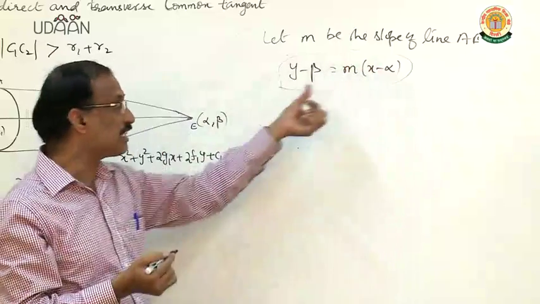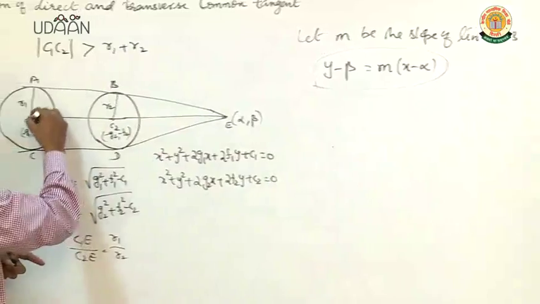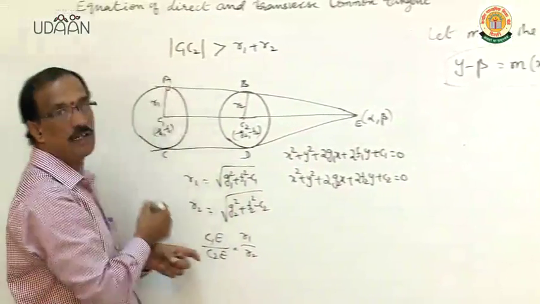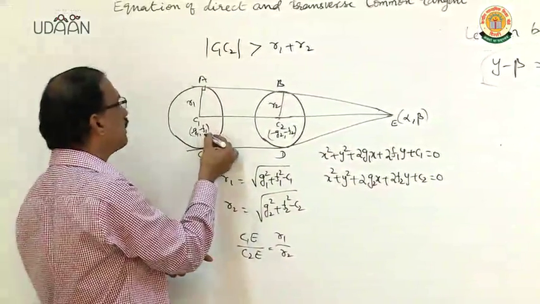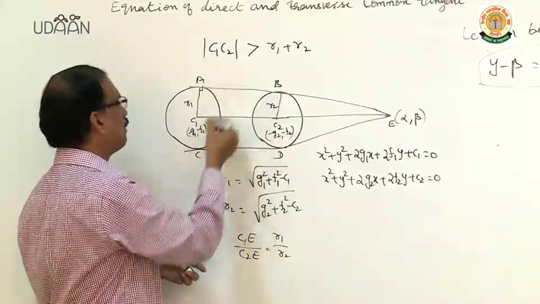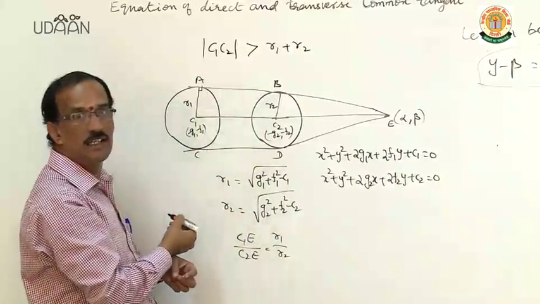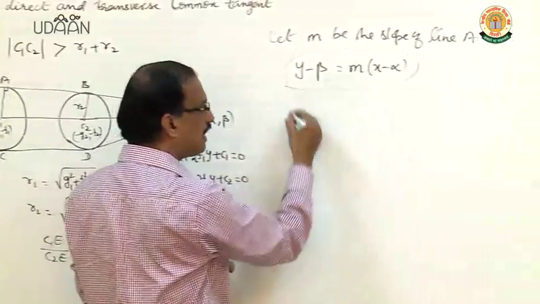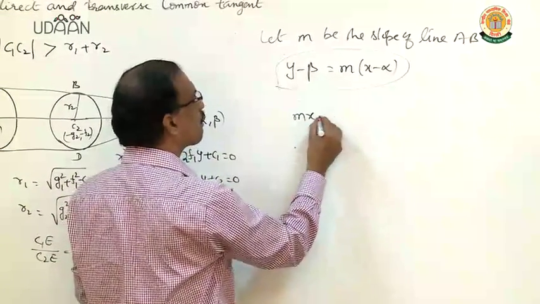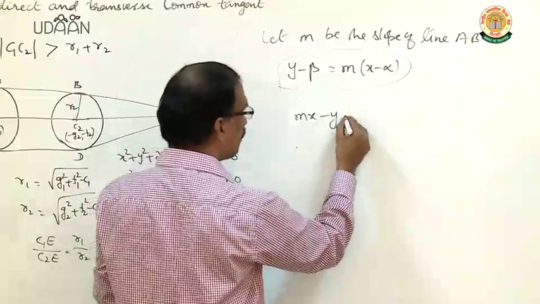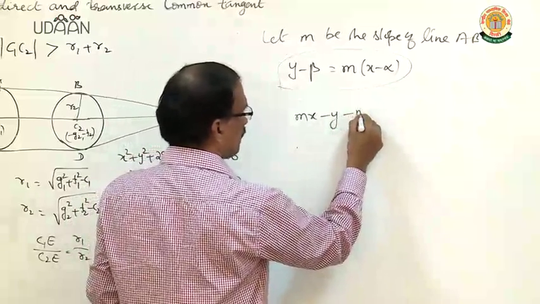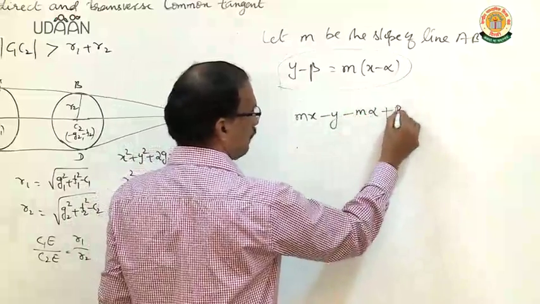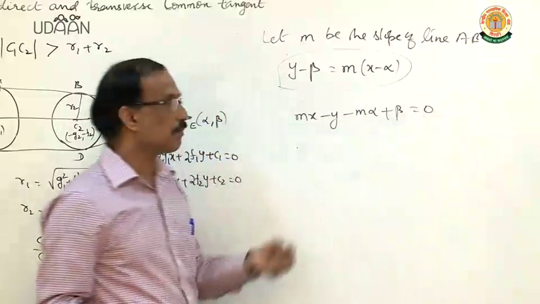If this is a tangent, it means the radius is perpendicular to the tangent. So, we know the distance of this line from the center is the radius. Therefore, you can rewrite it as mx minus y minus m alpha plus beta equal to 0.